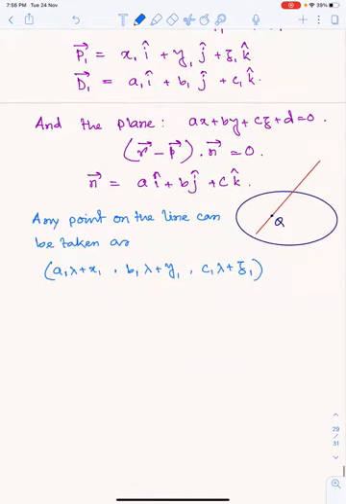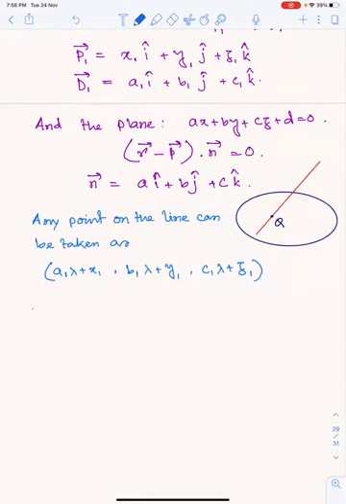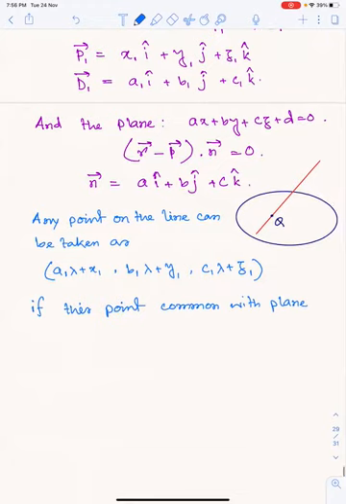Now, if this point is common with the plane, then it must satisfy the equation of the plane.